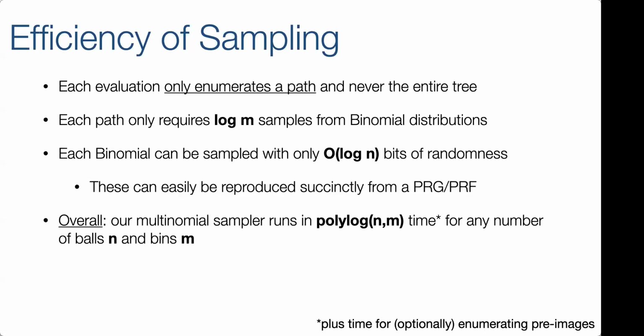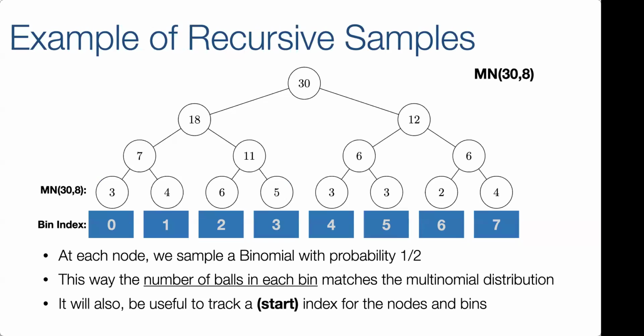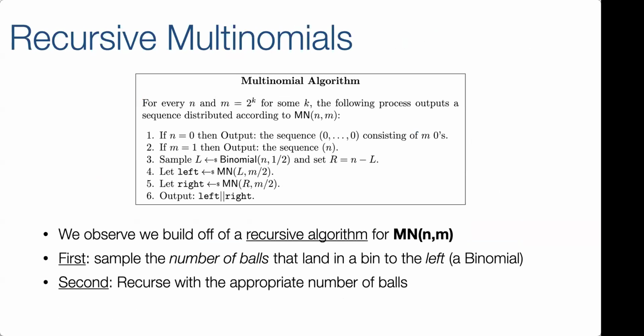So here, do you need to require n and m to be a power of 2 or no? No. If we go back to here, I just bias the 1/2 according to the number of bins on the left versus the number of bins on the right. On line 3, wait, if it's not a power of 2, wouldn't that be unbalanced?